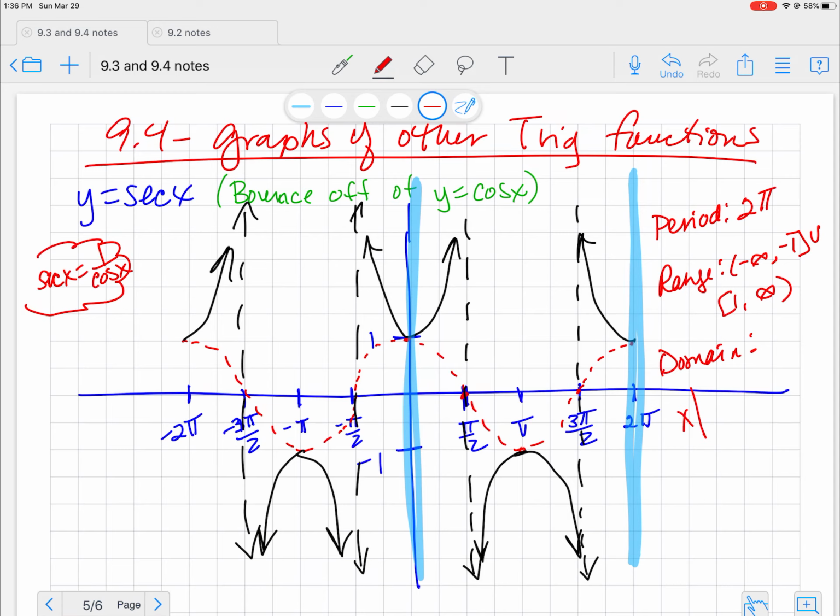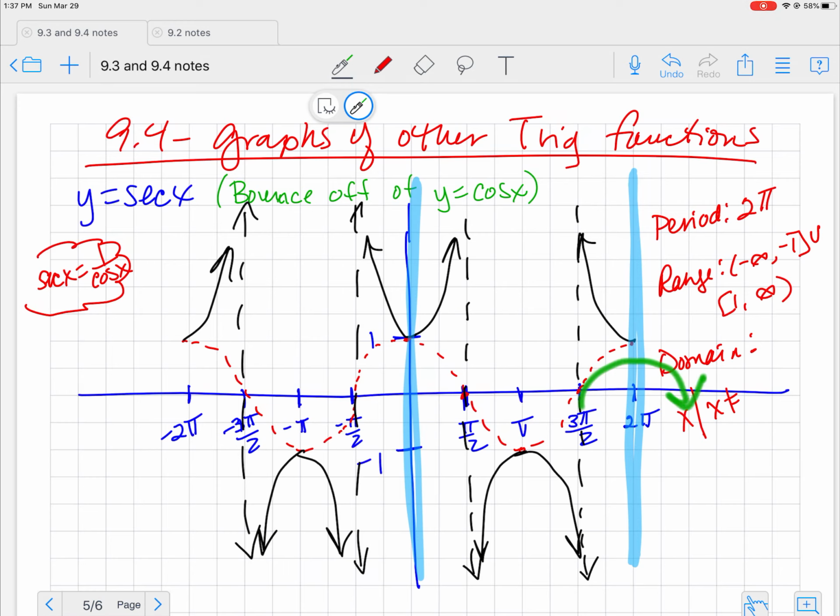X such that X cannot equal. So let me say this a little bit different. To get from this asymptote to this asymptote, it is a full pi, right? But what do you see is happening here?